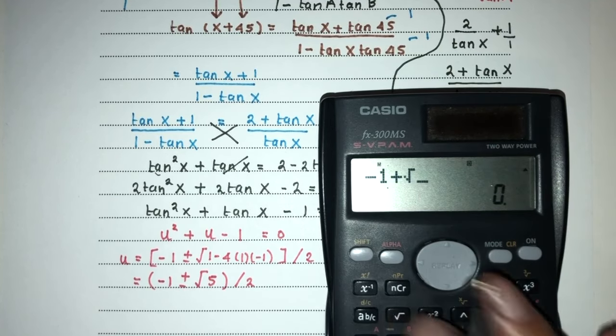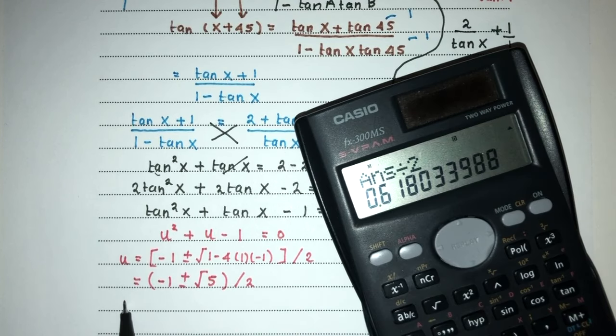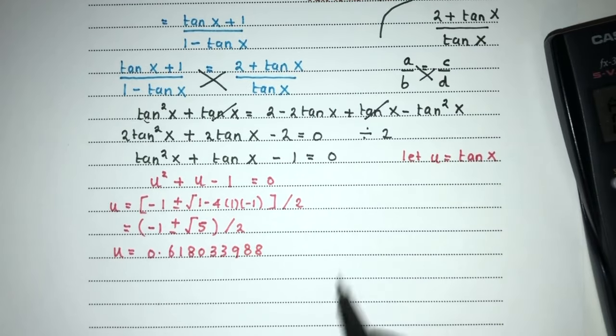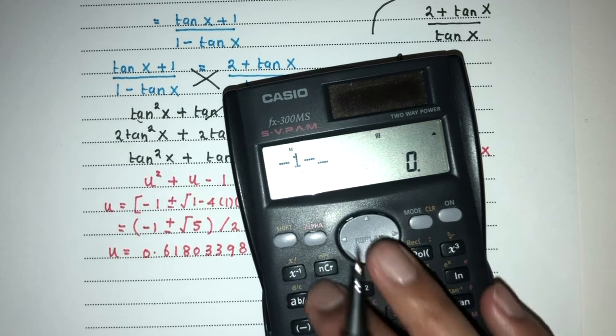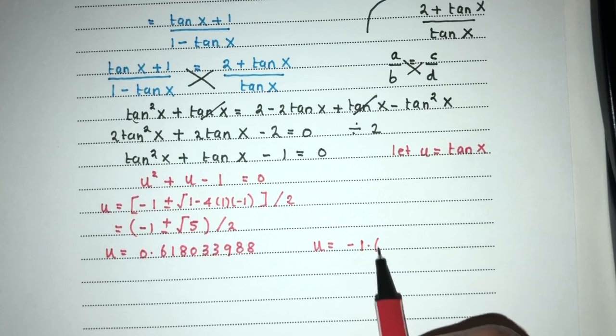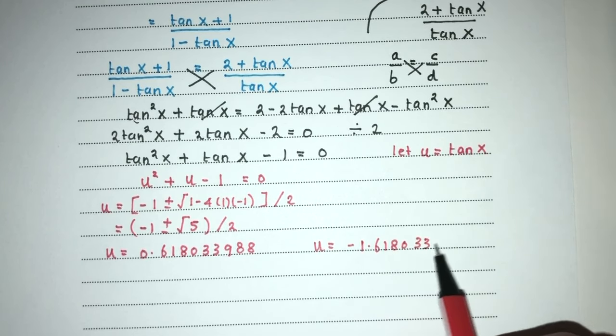Minus 1 plus root of 5 divided by 2, that will be this. So the first value of u will be u is equal to 0.618033988. That's the first value. Or let's see what else we can have. Or we can have minus 1 minus root of 5 divided by 2. That will be minus 1.618033989.